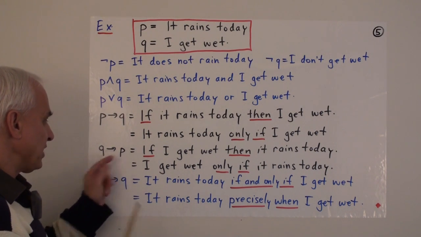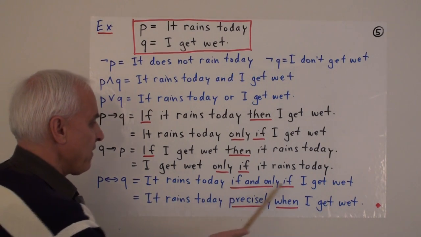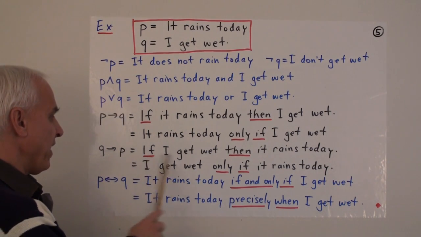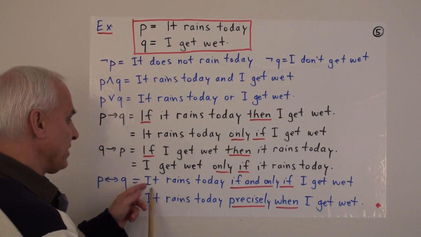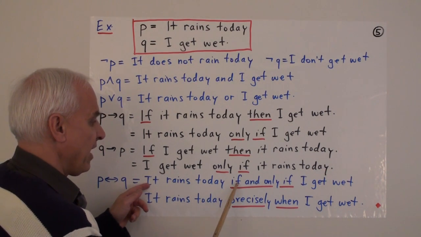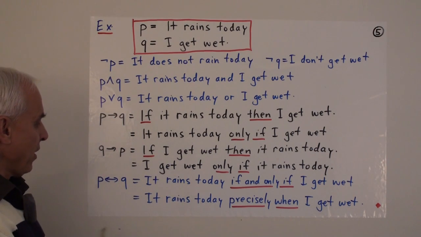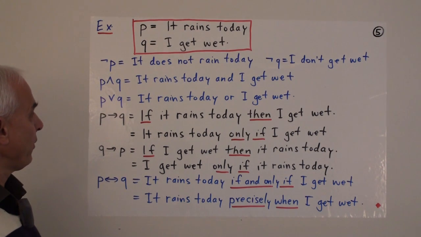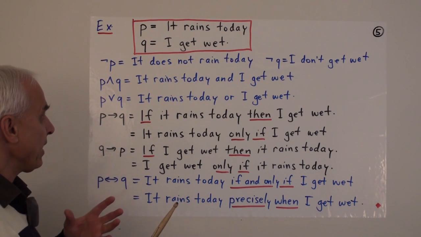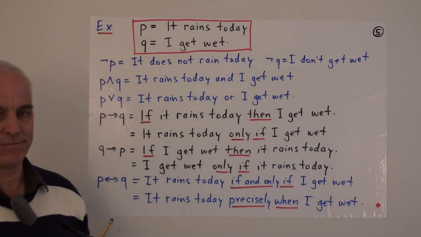And the Q implies P is, it rains today if I get wet. Or, if I get wet, then it rains today. The statement here is really the same as this one. It rains today if I get wet. All right, so these are some different kinds of examples of ways of combining propositions to get other propositions.